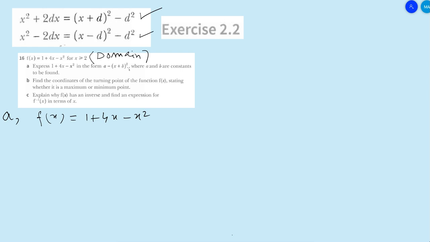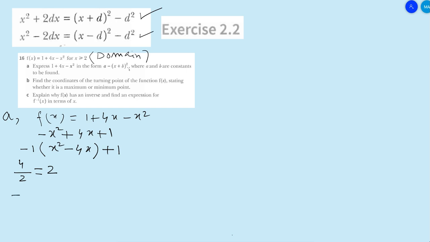Very easy. First write −x² first, then +4x, then +1. Taking the minus sign common outside: −(x² − 4x), bracket close. This +1 remains +1. Focus on the coefficient of x, that is 4. Divide the coefficient of x by 2. We will get 2.